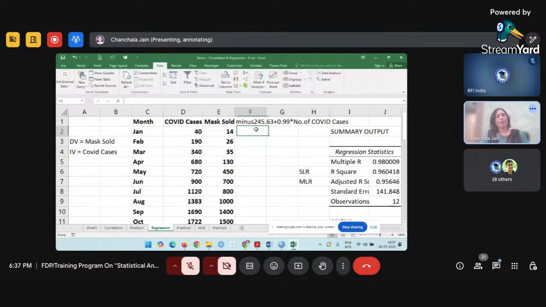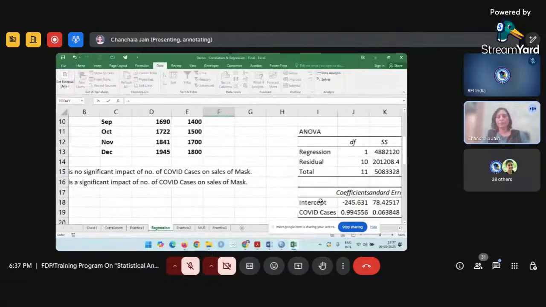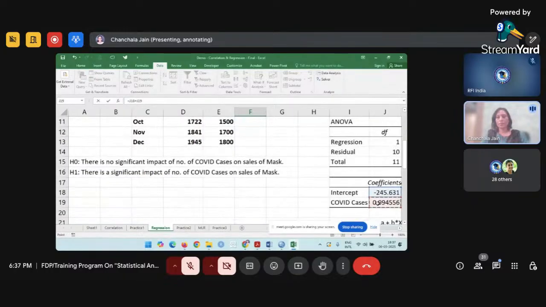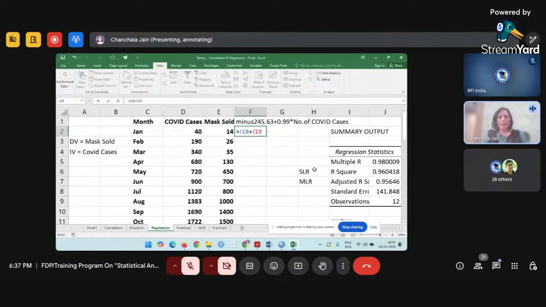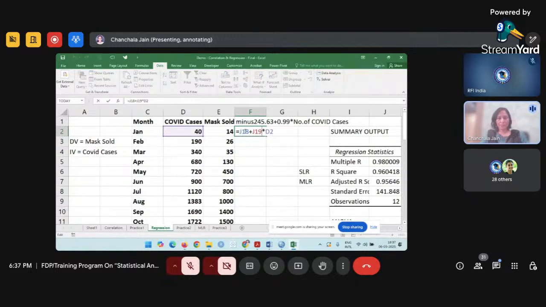Fine. Now, if I need to predict, what I'll do is select this intercept, plus select this, multiplied by the COVID cases. Fine? Yes, ma'am. So this is the prediction you are making. And then you can drag till the last. You need to make them constant first, just a minute.